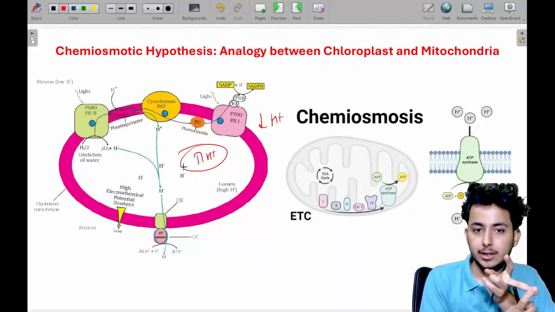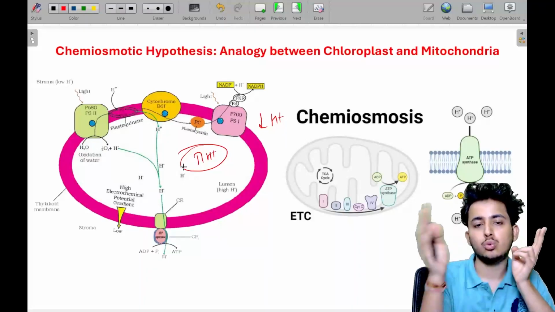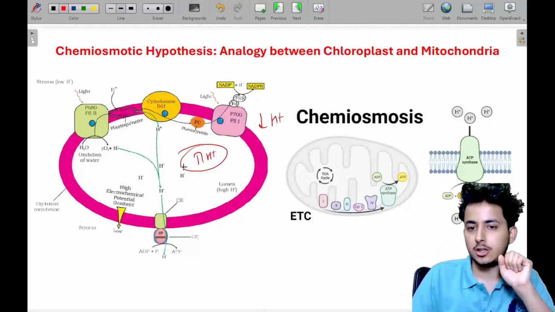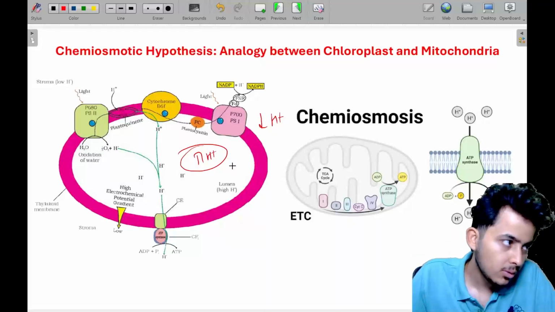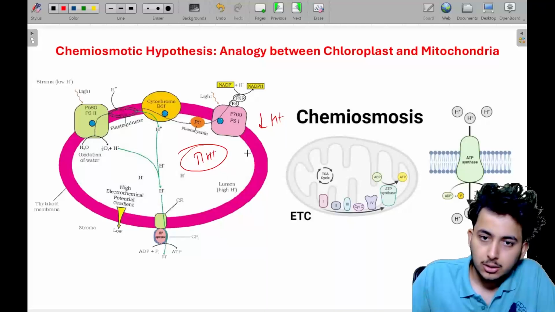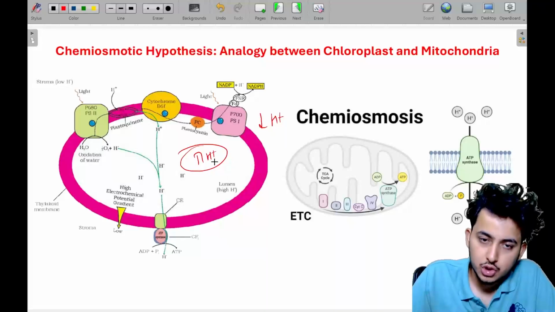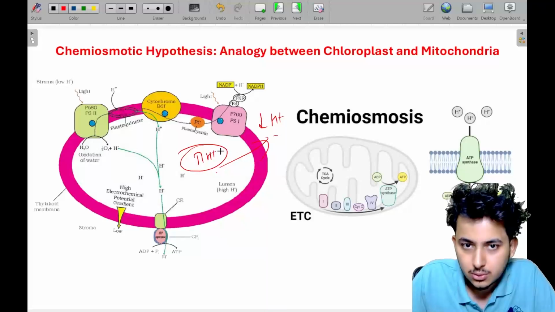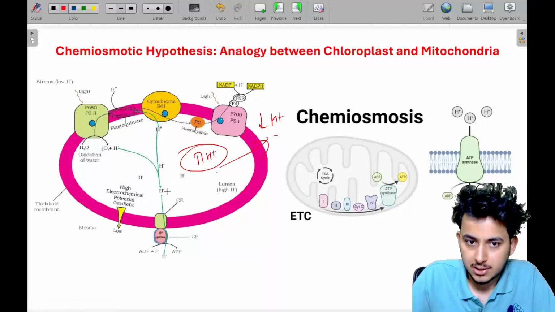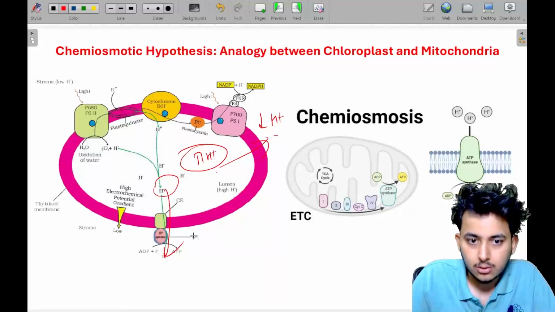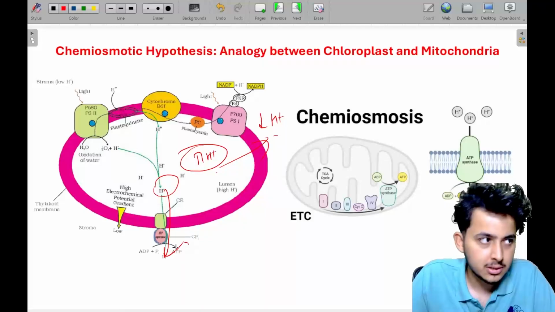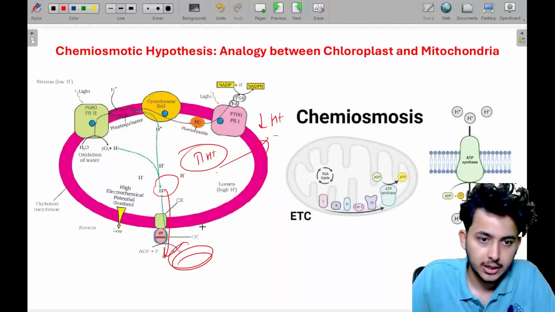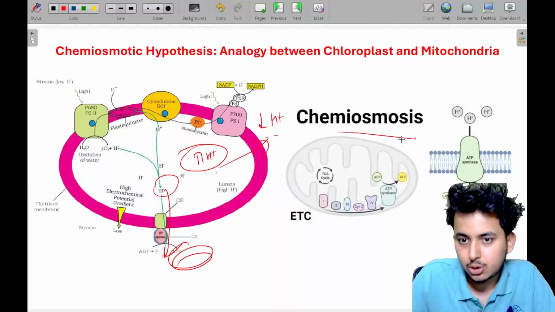Then you have the oxidation of PQH2 to PQ. That is another reason. Because of this there is a formation of a proton gradient from lumen to stroma, and because of this only the ATP is getting synthesized. The protons move through ATP synthase, which synthesizes the ATP. That is what is happening in the chemiosmotic hypothesis.